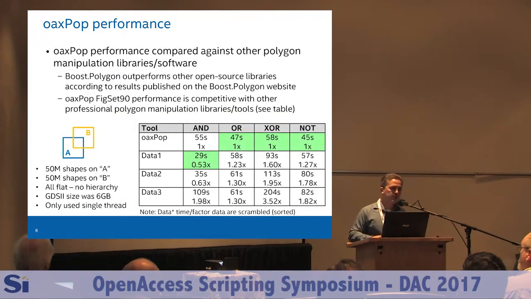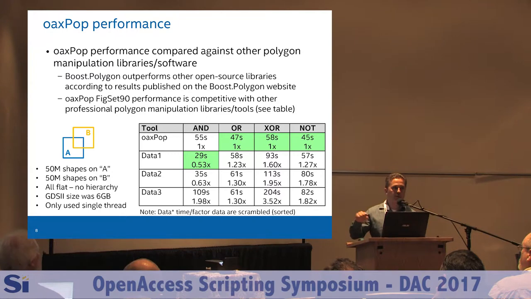As far as performance is concerned, this is always a big question on people's minds, especially when we deal with very large databases. When the Boost Polygon contribution was made, that was already thought about, and since then, further performance improvements have been made. There are different buckets within oaxPop.